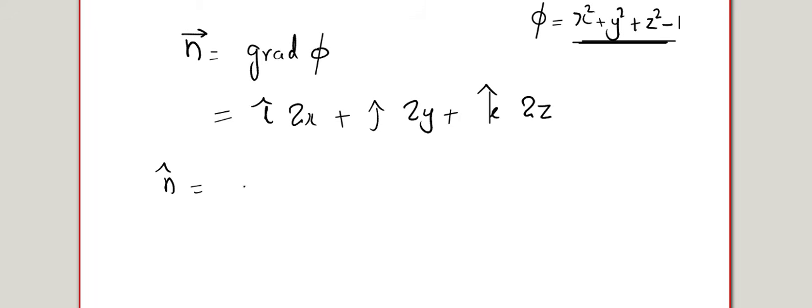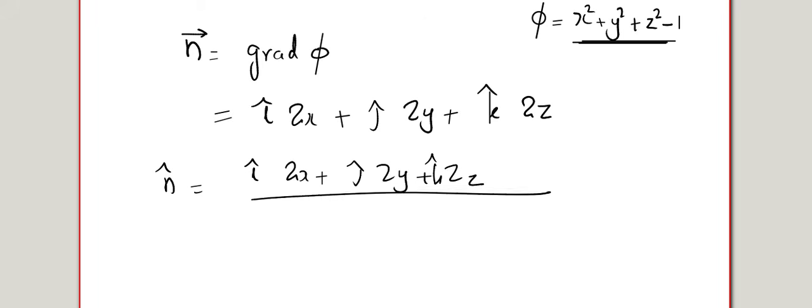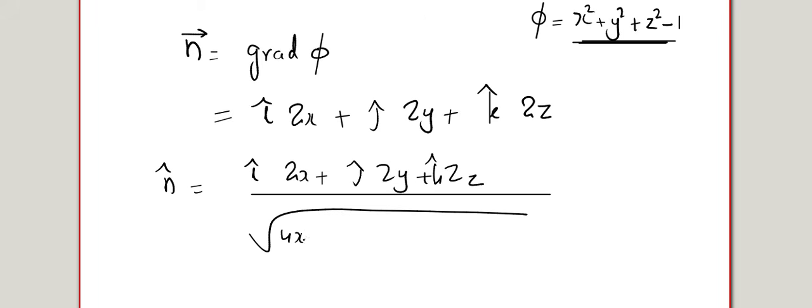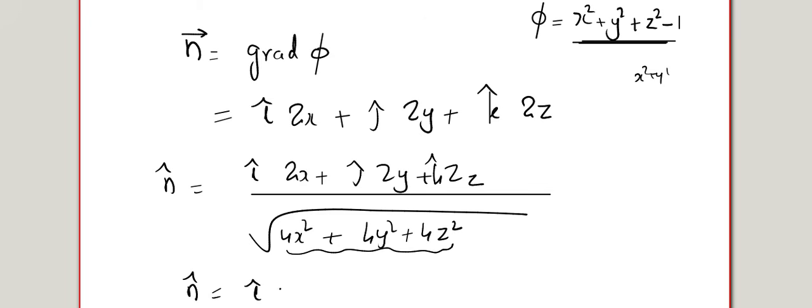And then I'm going to make this a unit vector. So you write the same stuff on the numerator, and in the denominator we will take squares of the components and add them up. And if you take common, you can see that it becomes 4 into 1, because x square plus y square plus z square equal to 1, and the 2 comes outside, and finally it simplifies as ix plus jy plus kz.